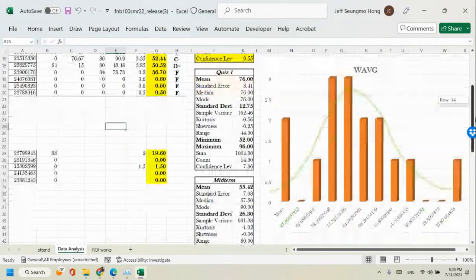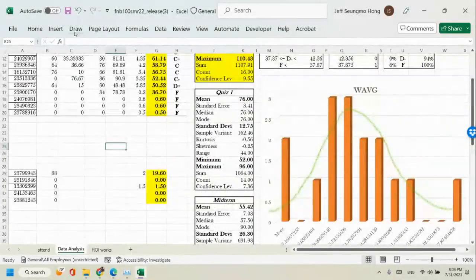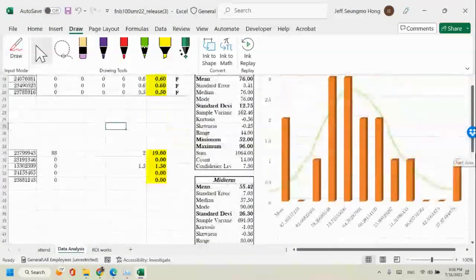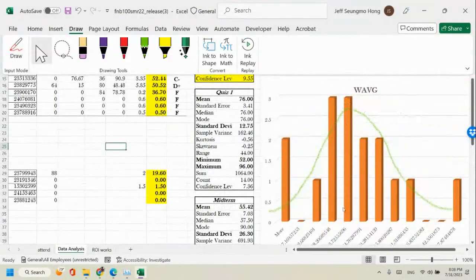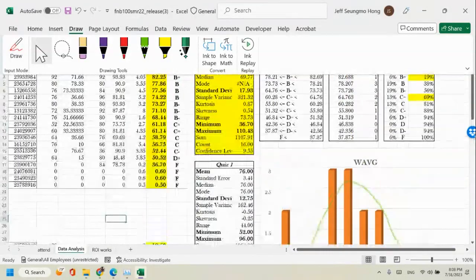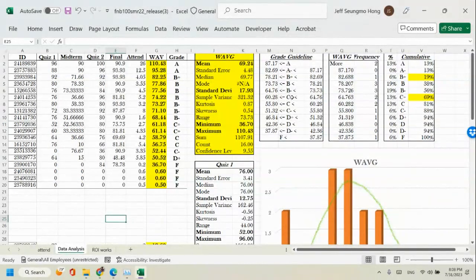And that is 73, 72, 72. Yeah, a lot of them were placed in the B to B plus category, right?